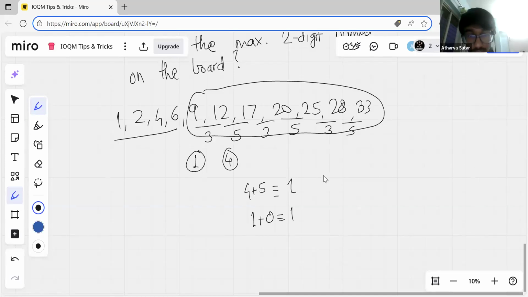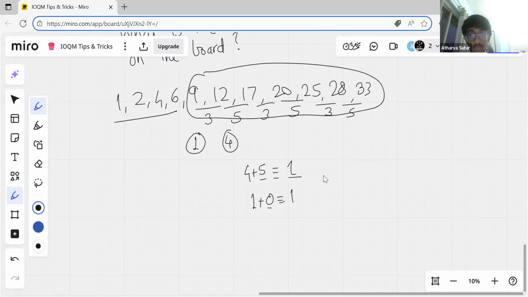You should notice that any number 5 mod 8 is not on the board at all, so you can't get any number of this form. Also 0 mod 8, same argument. And for 4 mod 8, 4 plus 0 is 4, but 0 is not on the board. And 1 plus 3, again 3 is not on the board.